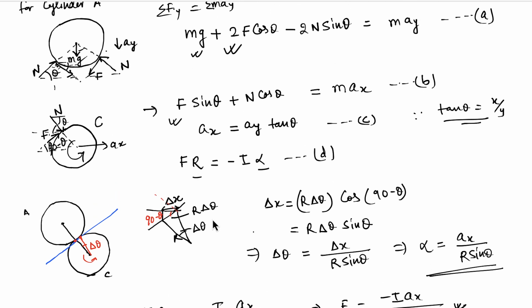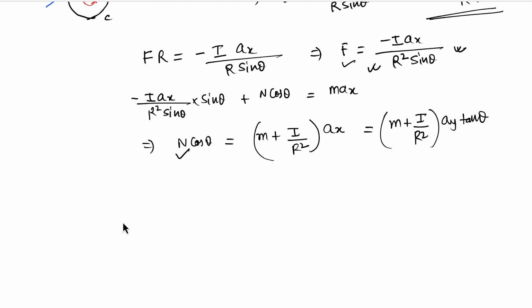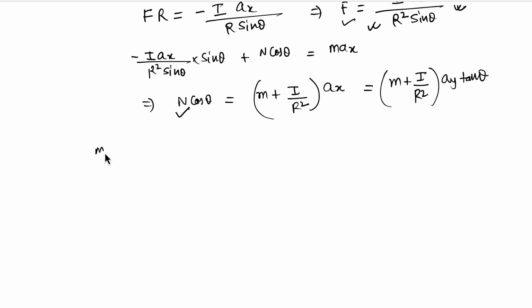then we should get the ay. So the first equation is mg plus 2f cos theta minus 2n sine theta equal to may.